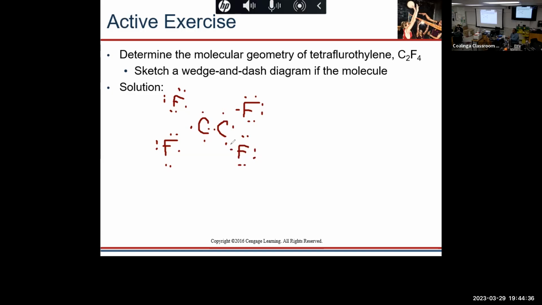Okay, so 7 times 4 plus 2 times 4, so 36 electrons. So how can we make that work?